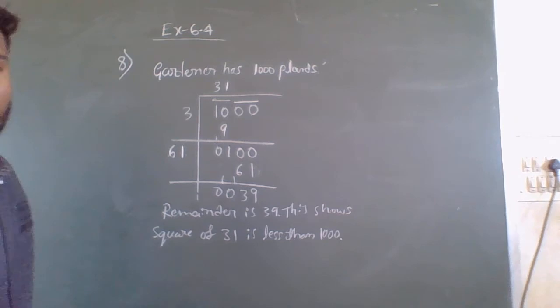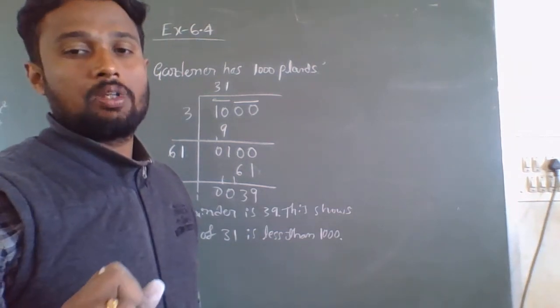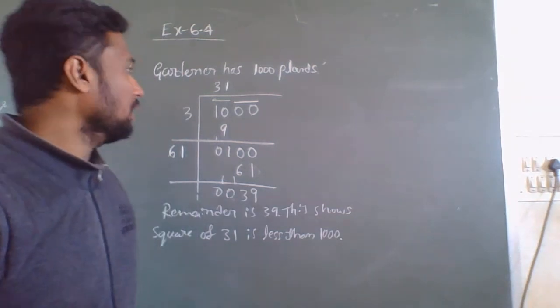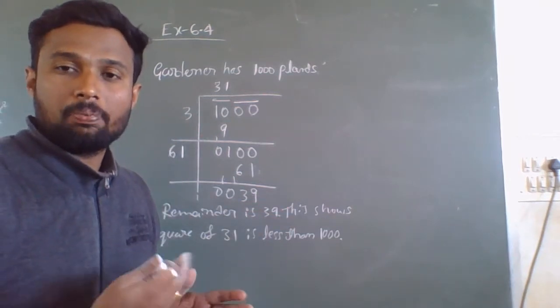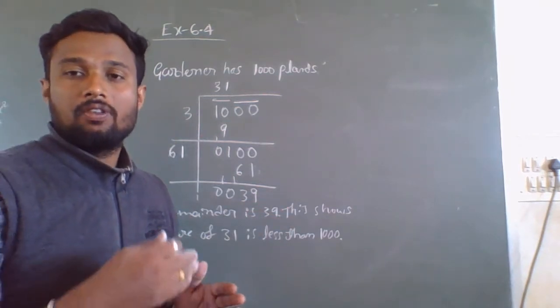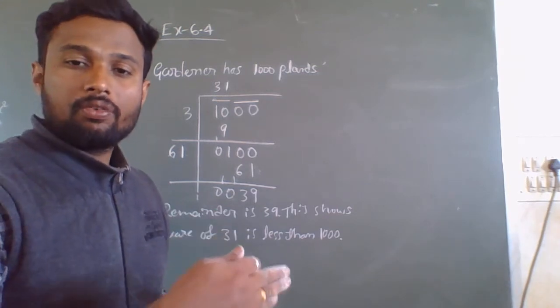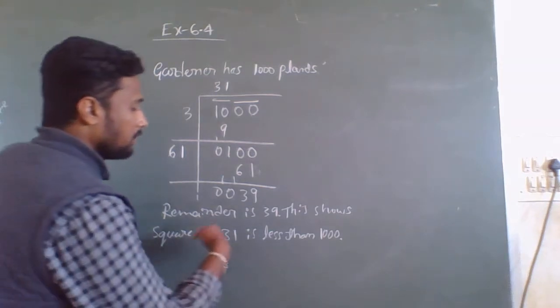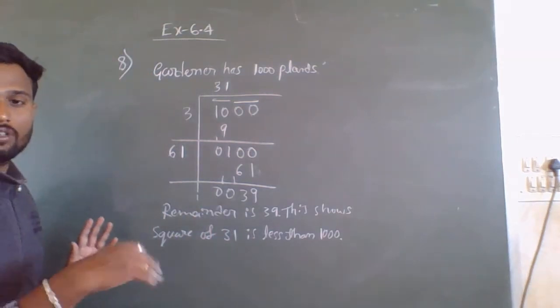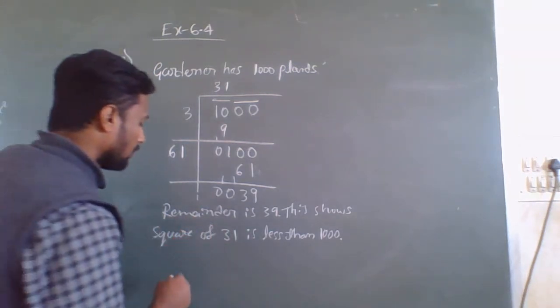But here we should get a perfect square number, and that should be greater than 1000, because we have to add some more plants to get number of rows equals number of columns. So we will check with the next number. After 31, what is the number? 32.